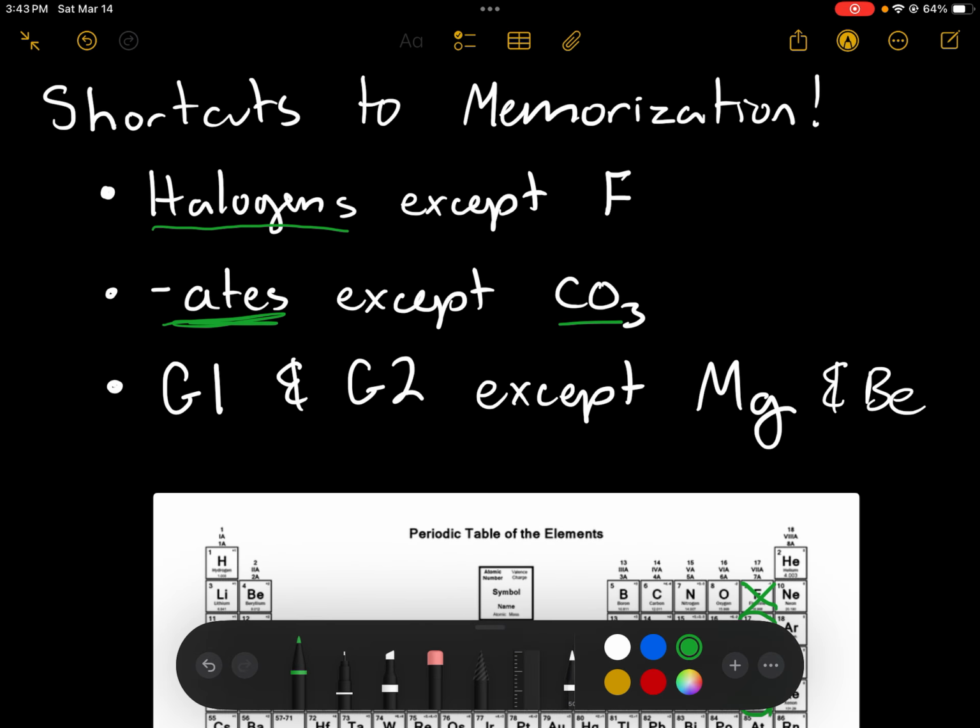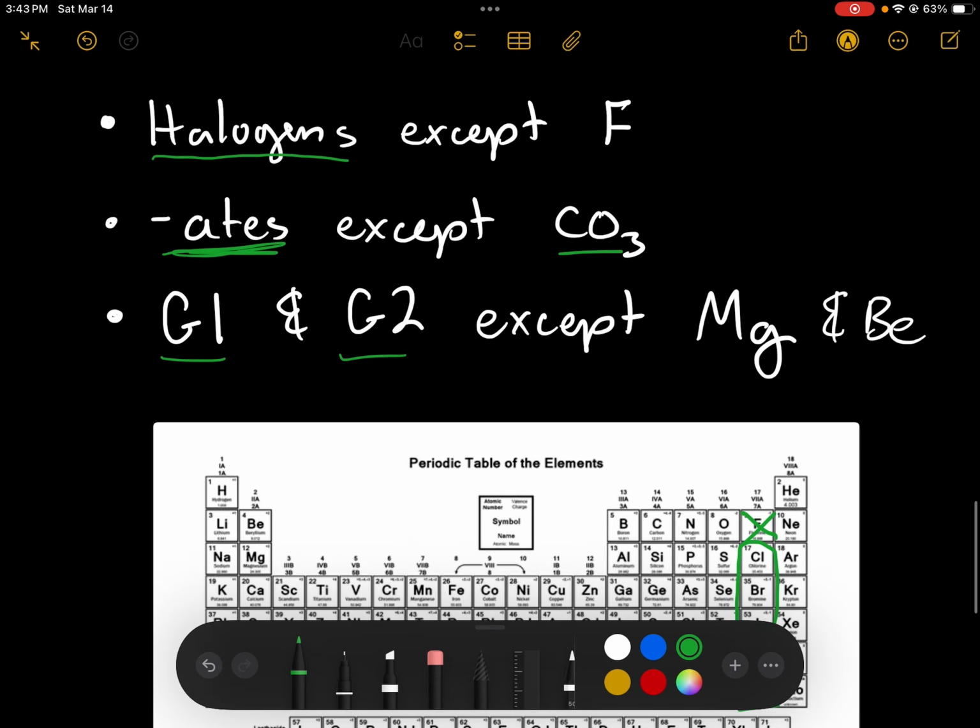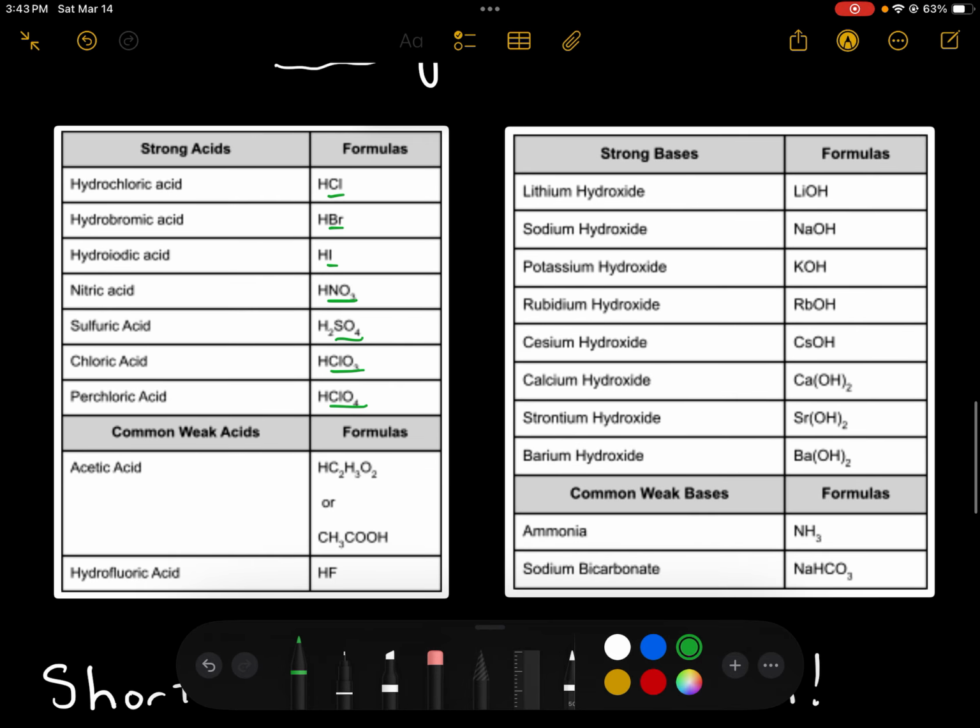The next one is group 1 and group 2, except for magnesium and beryllium, are likely to produce strong bases. So if we look at our list of strong bases over here, lithium's in group 1, sodium's in group 1, potassium's in group 1, rubidium's in group 1, cesium's in group 1.